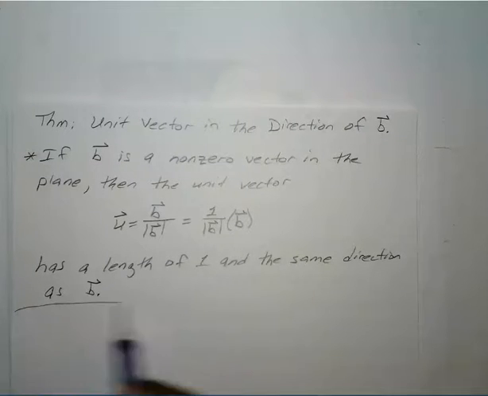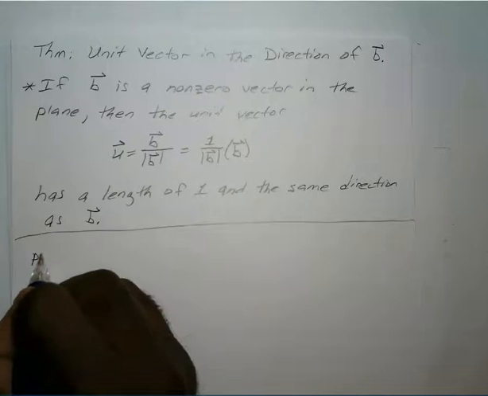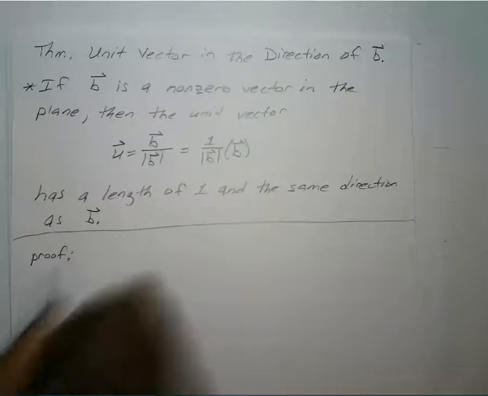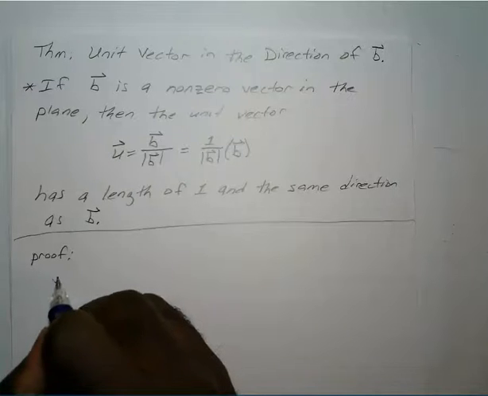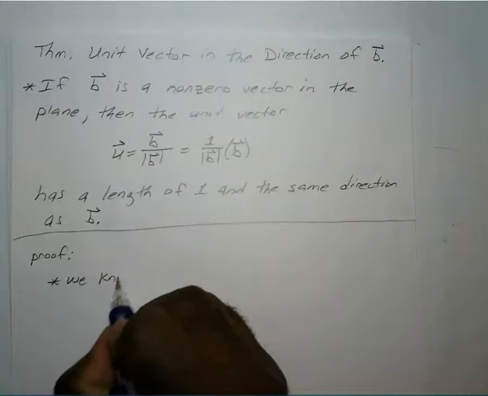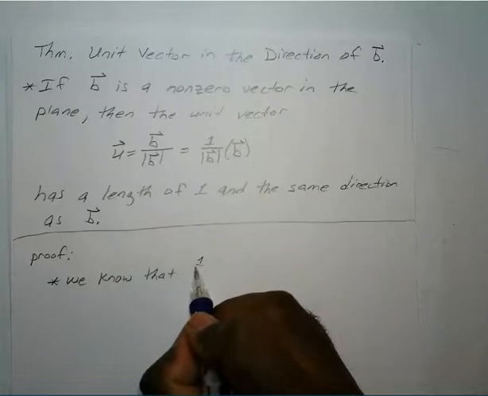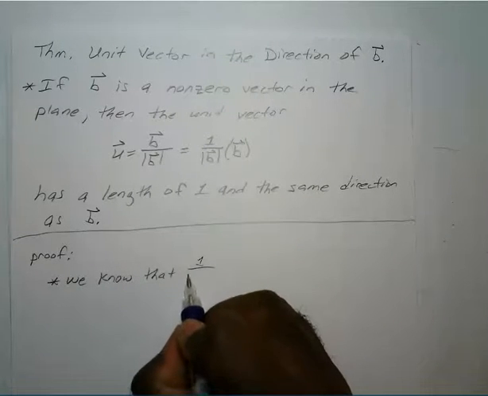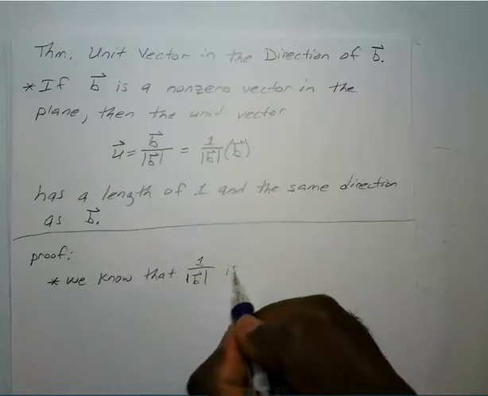Okay, so how do we know that? Well, we'll go ahead and prove it. One thing we can say for certain is that 1 over the magnitude of b vector is positive.